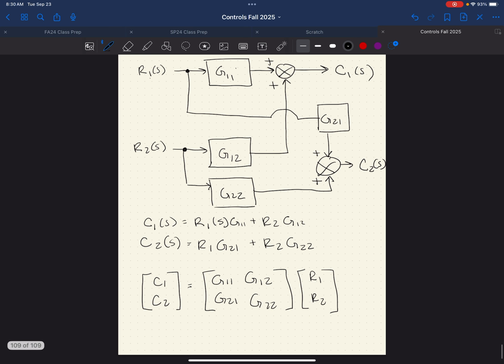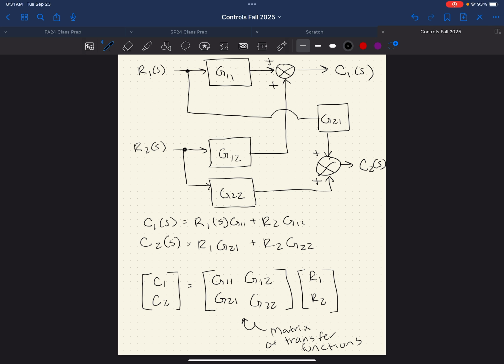Okay, so this here is a matrix of transfer functions. But this is still pretty messy. Using transfer functions and block diagrams for MIMO systems gets really messy really fast.